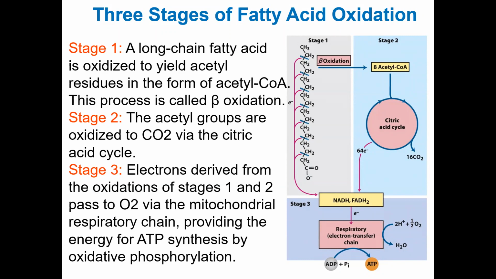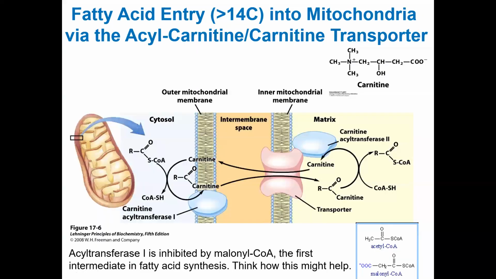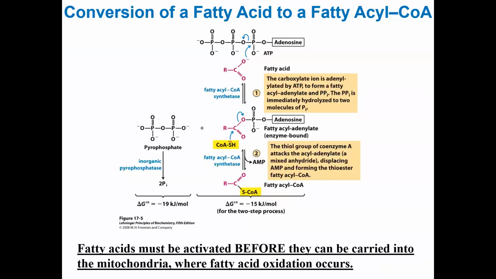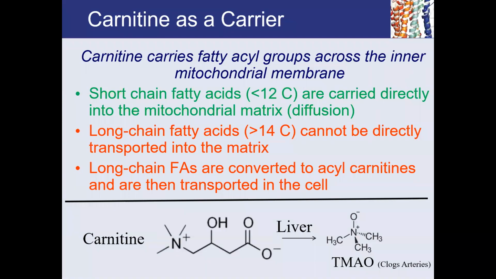I don't know why the confusion is, because if it is 12 carbon or shorter, you will directly make a thioester, and that can sneak in through the mitochondrial membrane. Yes, you're right. If it's 14 carbon or more, then it has to do this carnitine transfer reaction to be able to come inside.